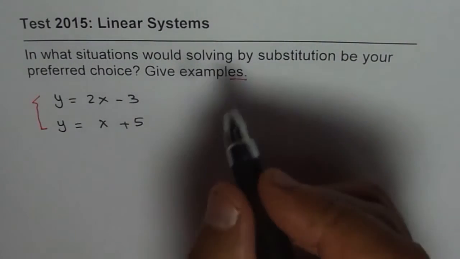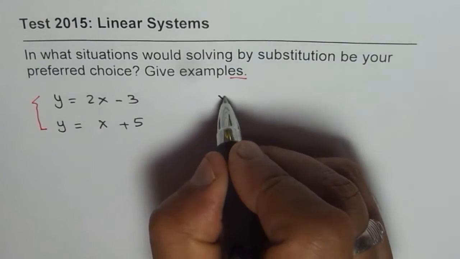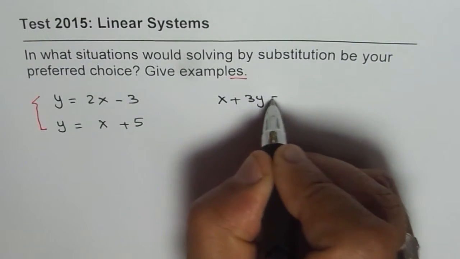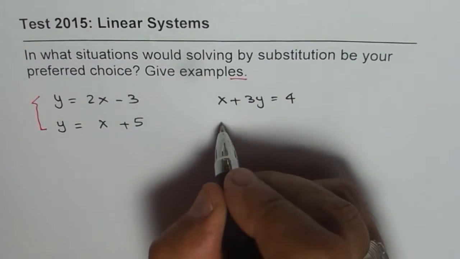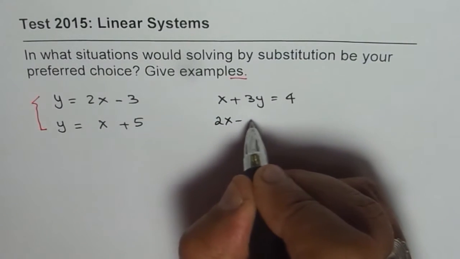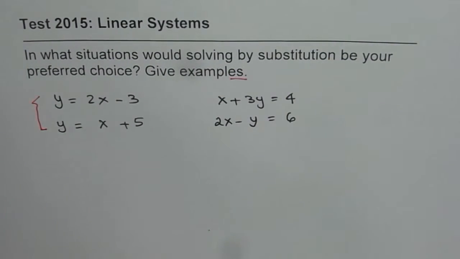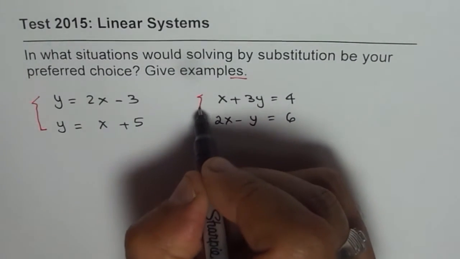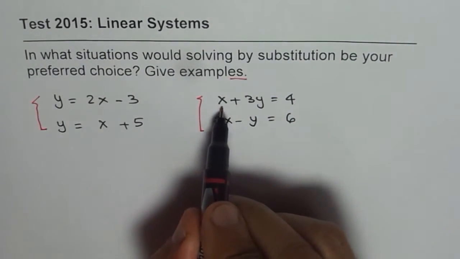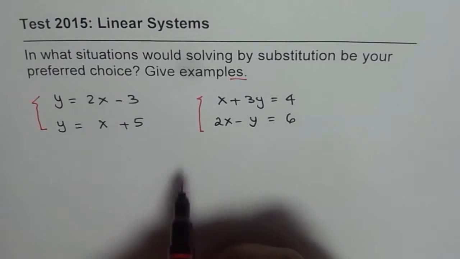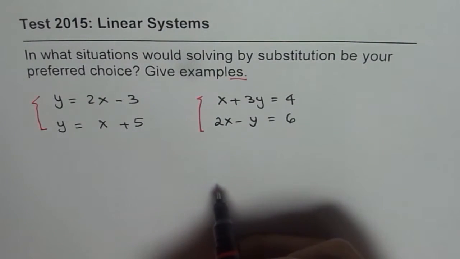The other system could be that if I have an equation like x plus 3y equals 4, and we have 2x minus y equals 6. Now, in such a situation also, we can easily isolate x or y for that matter, right?